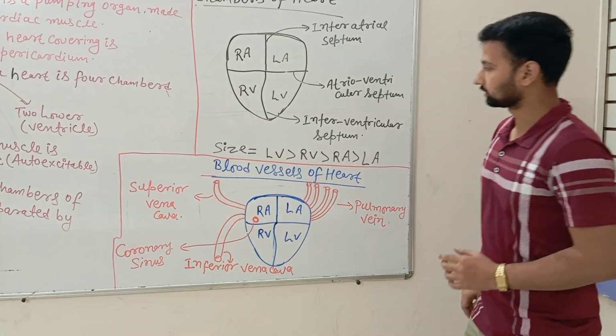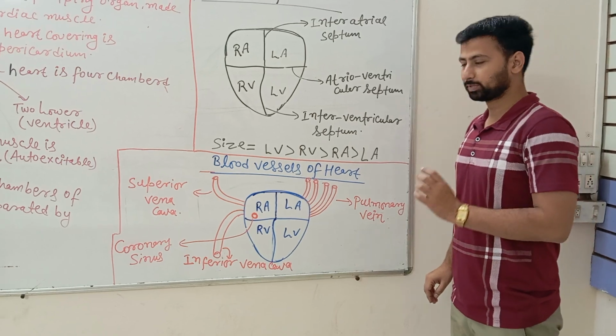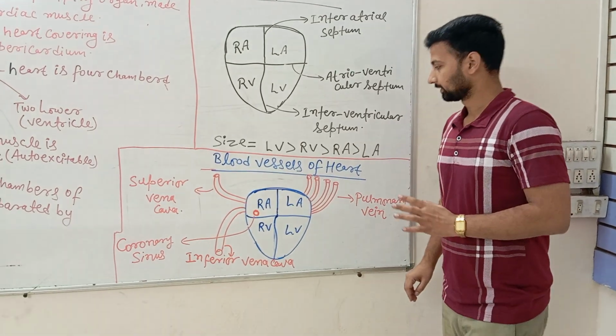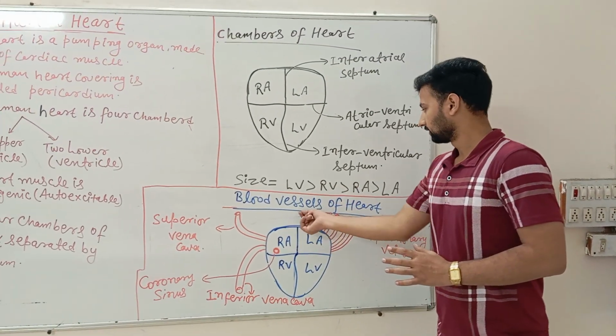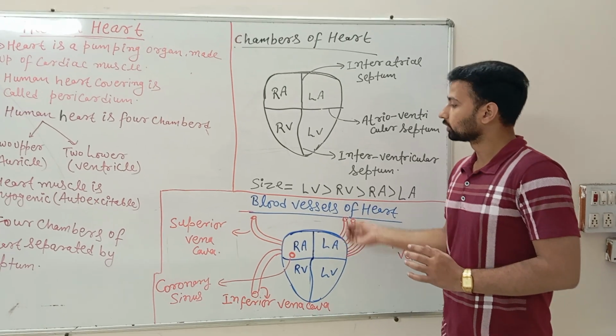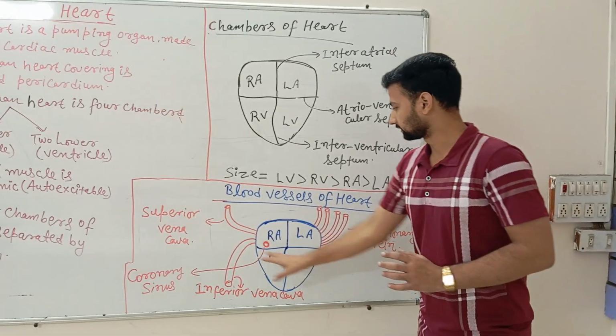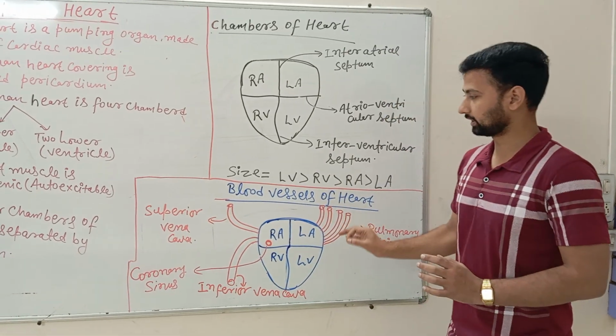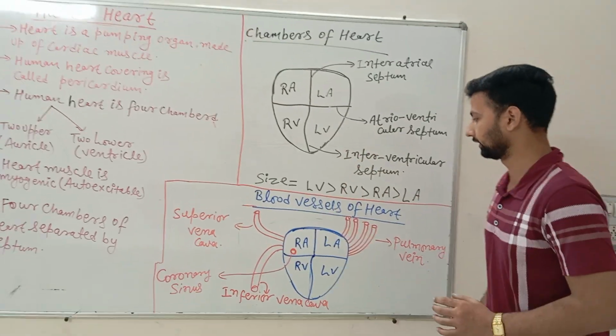Now we will talk about which vessels carry blood toward heart. In heart there are 4 chambers. There are 3 blood vessels which carry blood toward heart from the entire part of body.